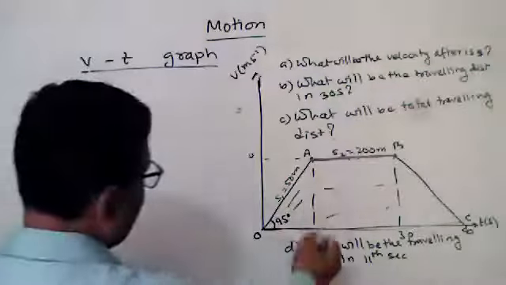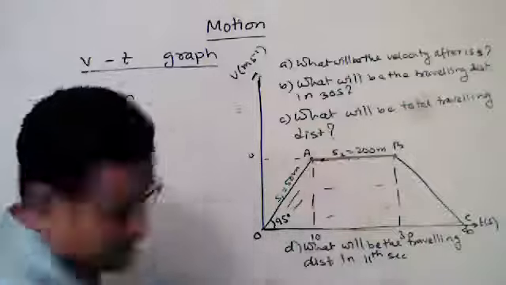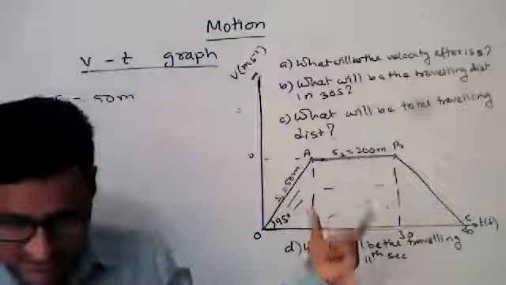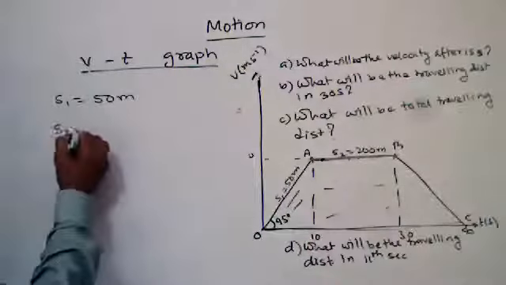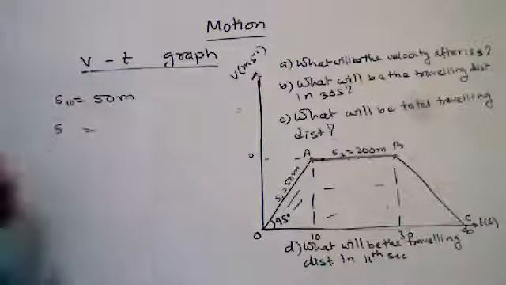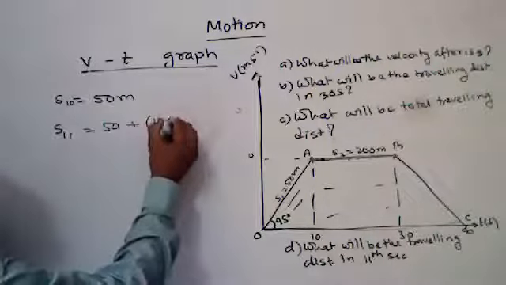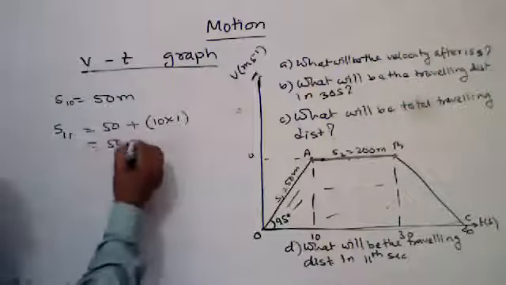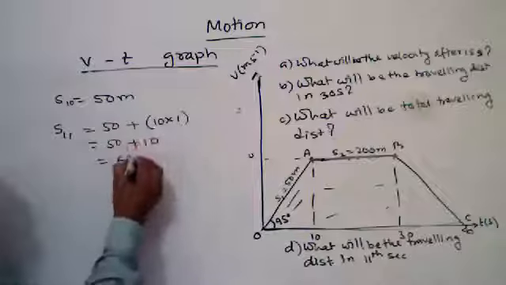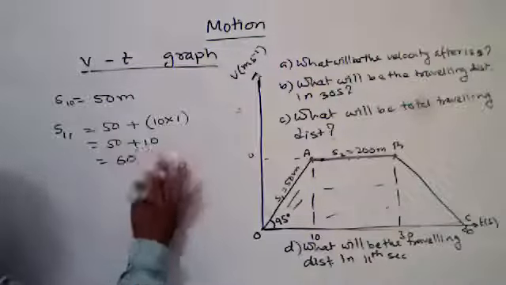So in the last 1 second the body moves at uniform velocity. So this is the 10 second traveling distance, and this is the 11 second traveling distance. So it will be 50 plus 10 into 1, that means 50 plus 10, that means 60 meters.